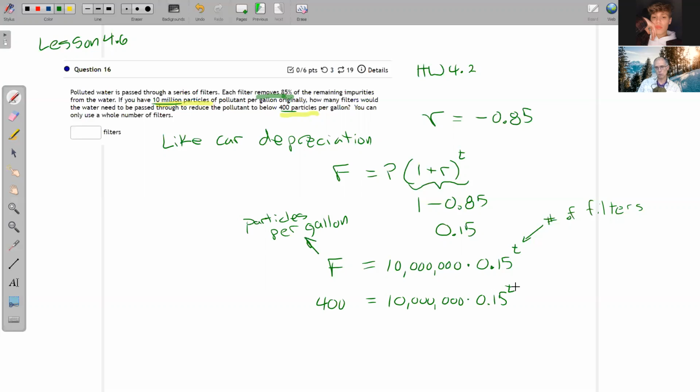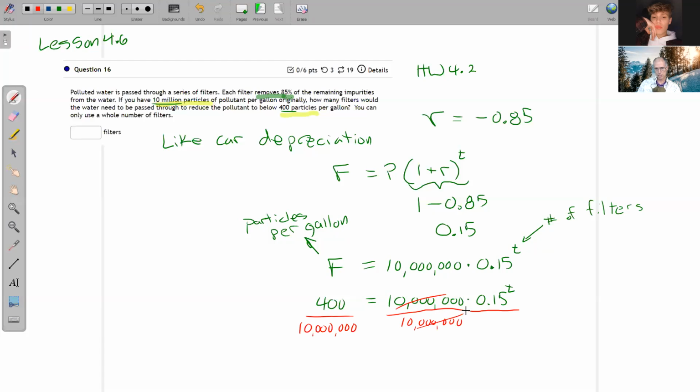We have to solve for our power T. Whenever we solve equations, we get rid of things that are furthest away first on that side. So the 10 million has to go first, so we're going to divide both sides by 10 million. Good time for a calculator.